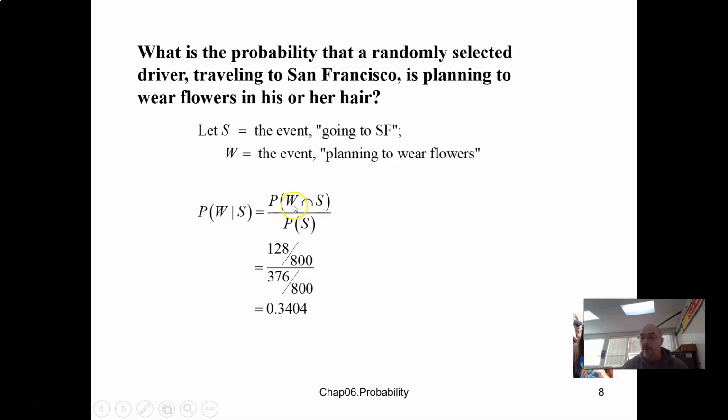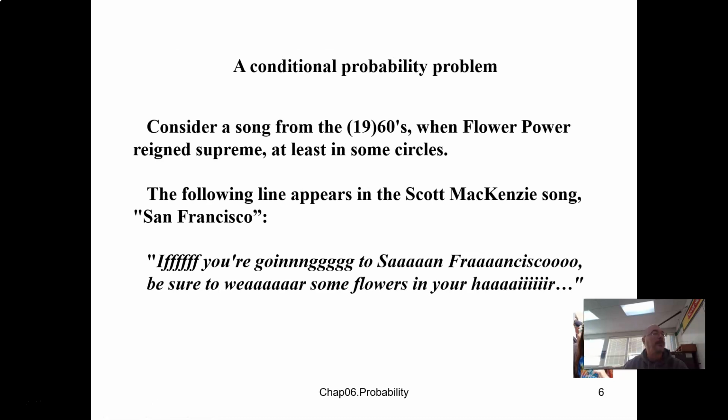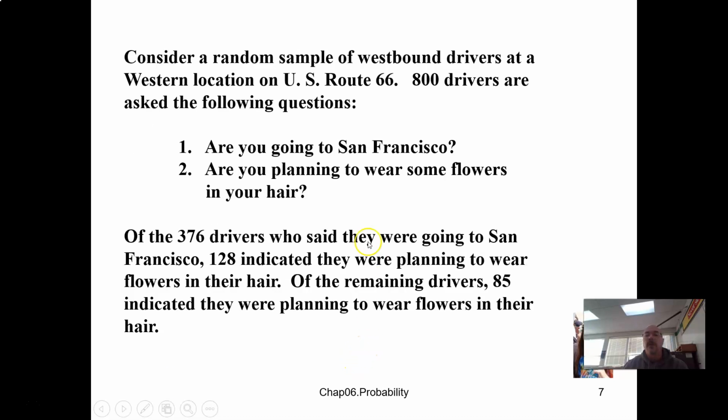That's the probability of wearing flowers and going to San Francisco divided by the probability of San Francisco. So it's 128 out of the 800 divided by 376 out of the 800. We got that information right here.